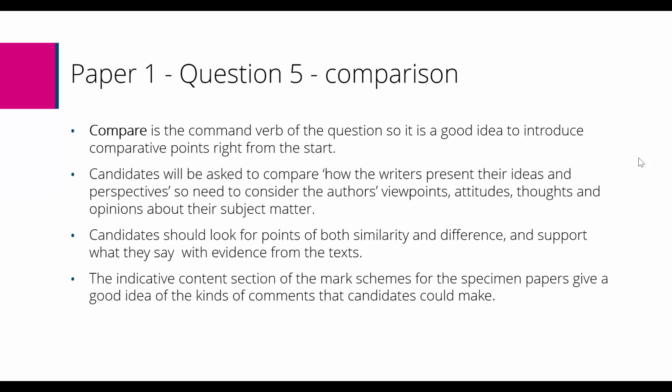So they need to consider the author's viewpoints, attitudes, thoughts, opinions about the subject matter. They need to look for points of both similarity and difference and support what they say with evidence from the text. And the indicative content section of the mark schemes for all of the past papers gives a good idea of the kind of comments that students can make here.